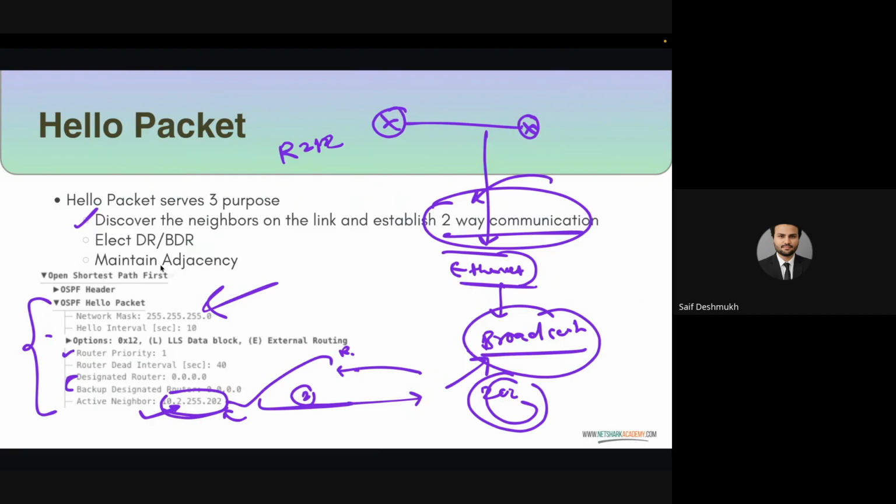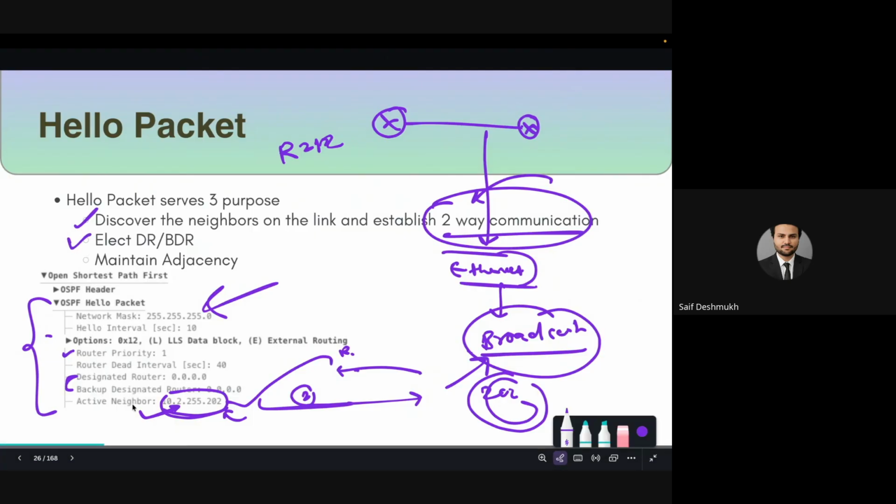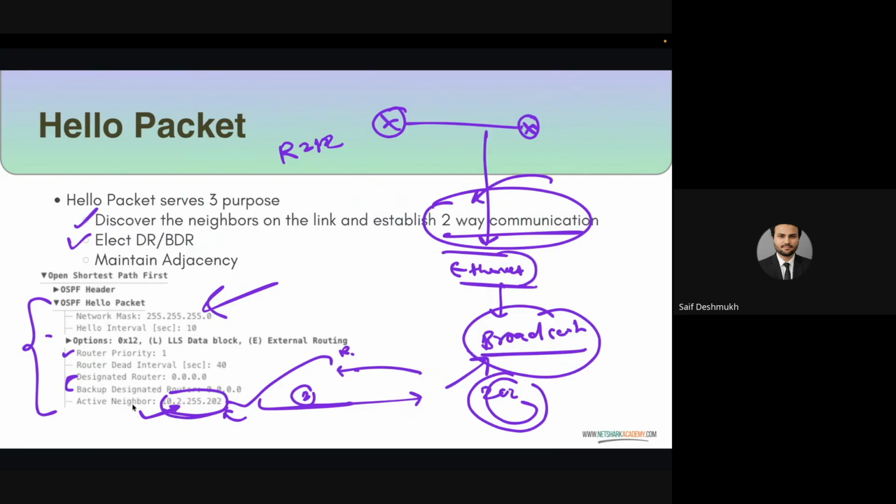Using these hello packets, we also elect the DR and BDR. Why and how, later. After the adjacency has been established, hello packets are still exchanged. They act like a keepalive mechanism. They maintain the adjacency. If we don't receive hello packets for 40 seconds, the timer will expire, and the sender we were expecting the hello packet from, we are going to consider that neighbor dead.